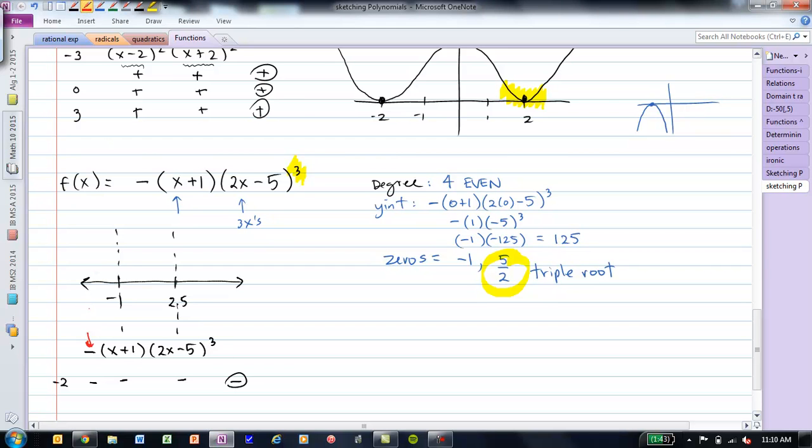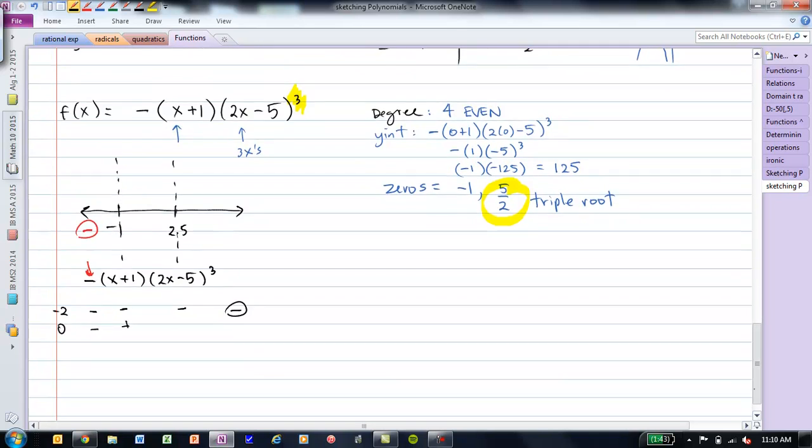All right, so that means we start below the x-axis in this area. In between negative 1 and 2.5 is 0. That's easy, so let's choose 0. It starts out negative because of that negative sign. This term would be positive, and the next term is going to be negative. Negative times positive times negative is positive, so this ends up being positive in the area between negative 1 and 2.5.